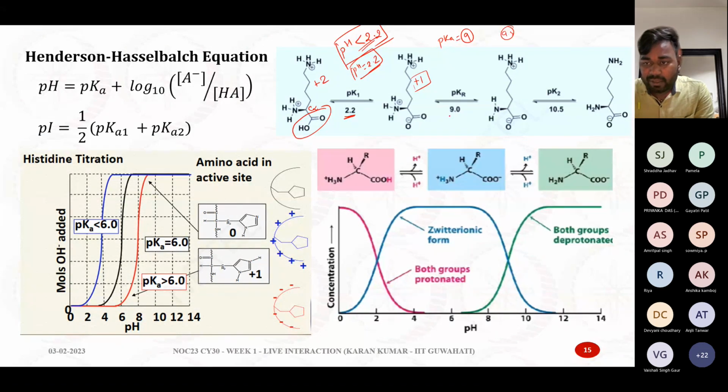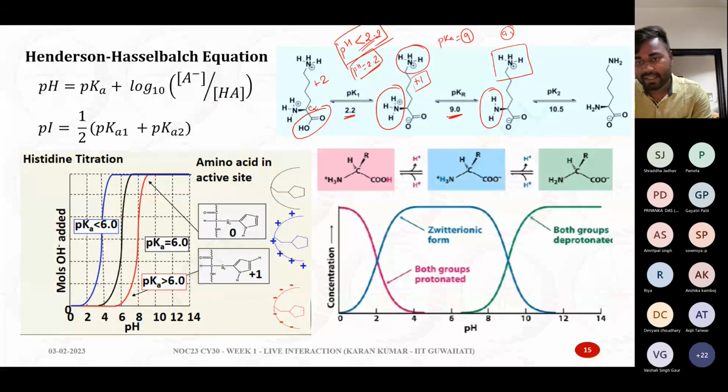So at pH 9, in this arginine, which amino group will lose its proton first, the alpha amino group or the side chain? Of course, it will be the alpha amino group first, because the side chain will lose the proton at a higher pH than the alpha amino group, right?